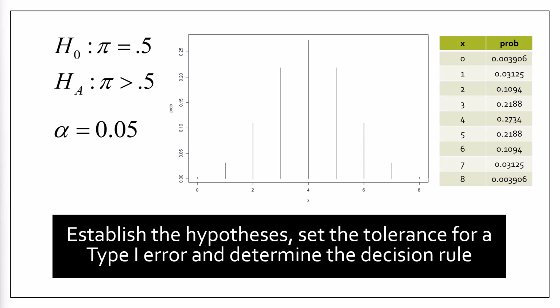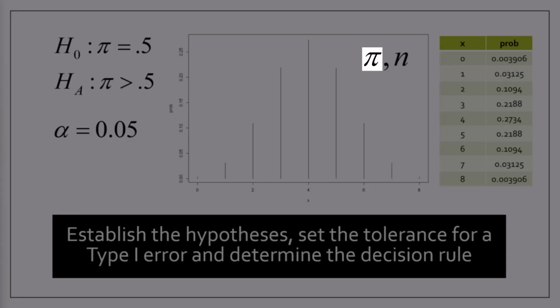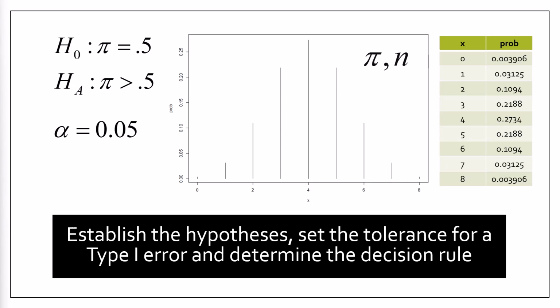A couple of things. First of all, I need to know two parameters in order to construct the binomial distribution. I need to know pi, the proportion in the population, and I need to know how many observations I'm going to look at. Now, this particular binomial distribution is based upon 8 observations. How do I know? I can see that the values of x range from 0 to 8.